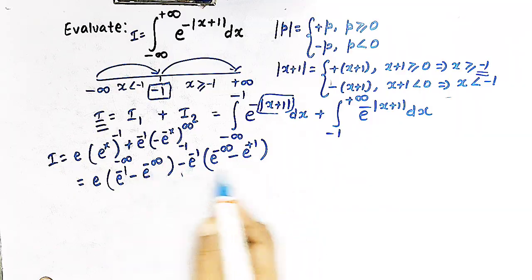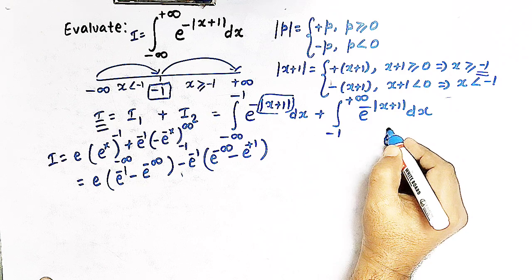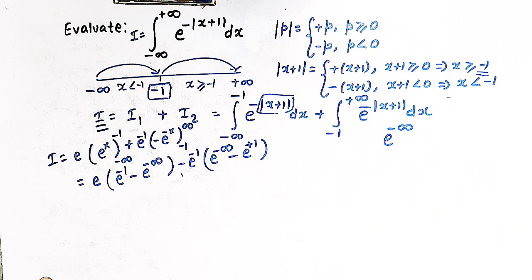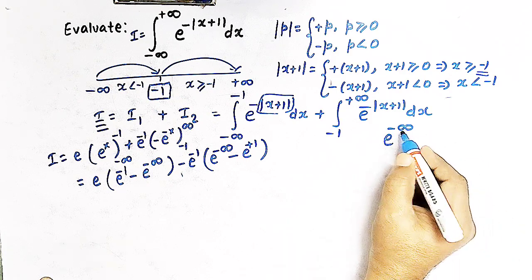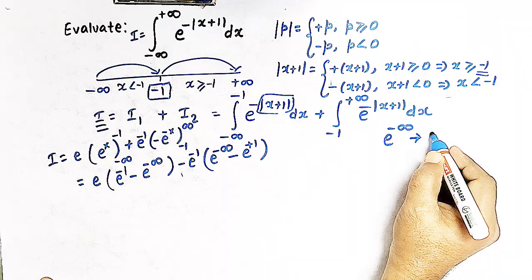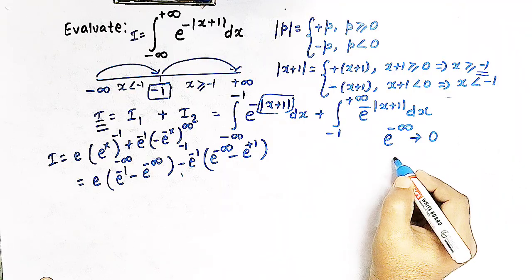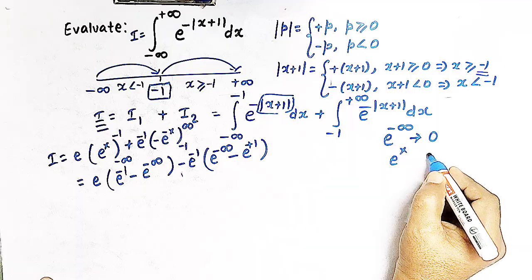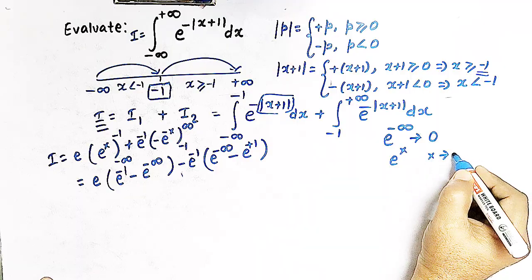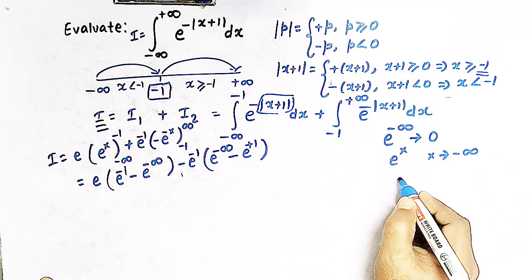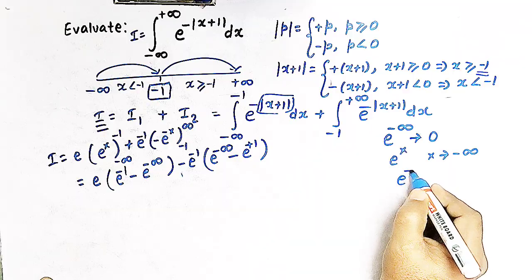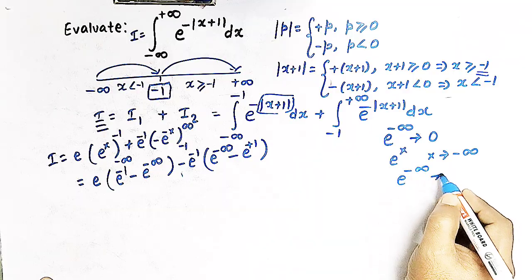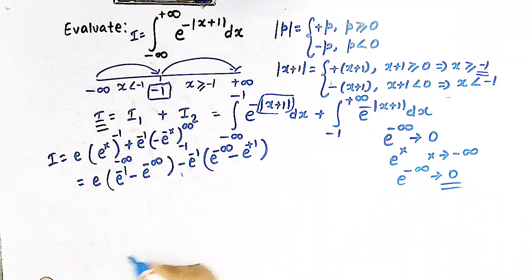So now here we have this term, that is e raised to minus infinity, right? And e raised to minus infinity tends to 0, because we know that when x tends to negative infinity, e raised to x tends to 0, right?